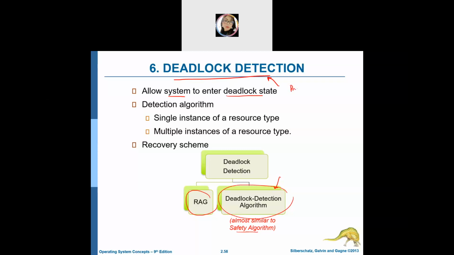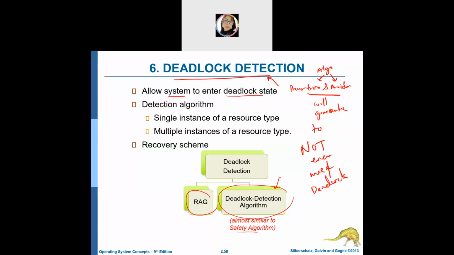Previously, prevention and avoidance, these two algorithms will guarantee that you do not even meet deadlock.